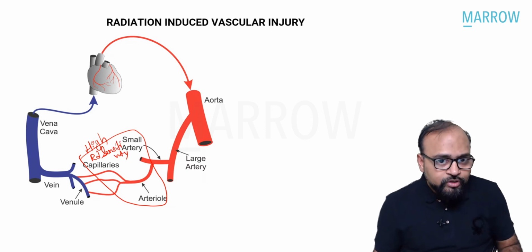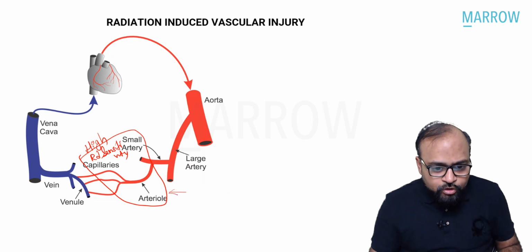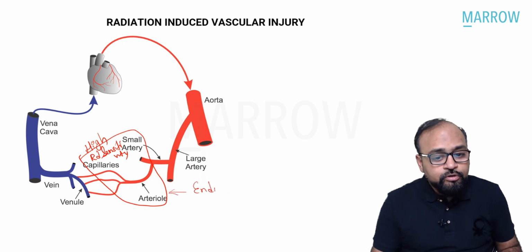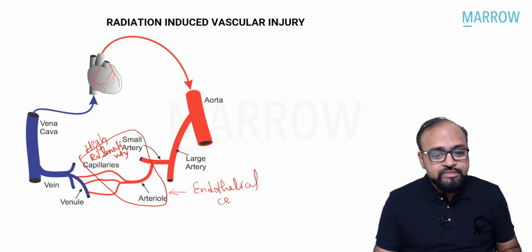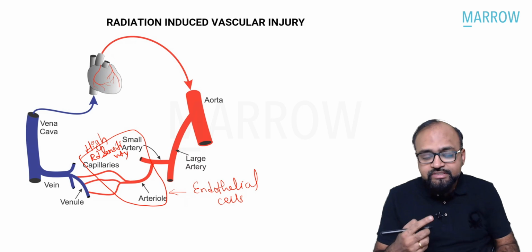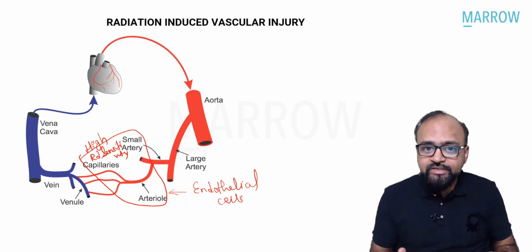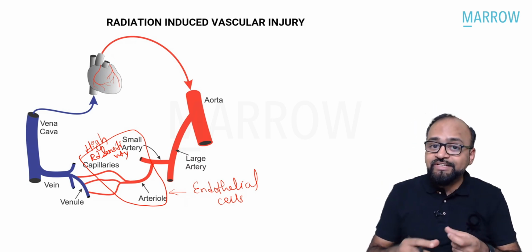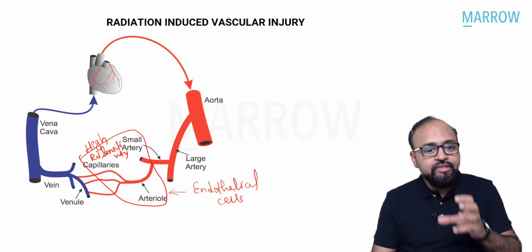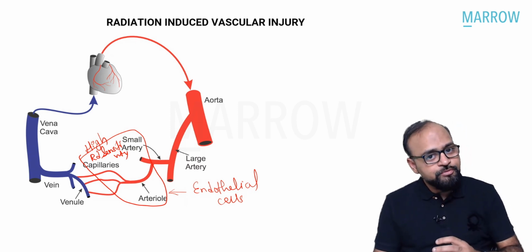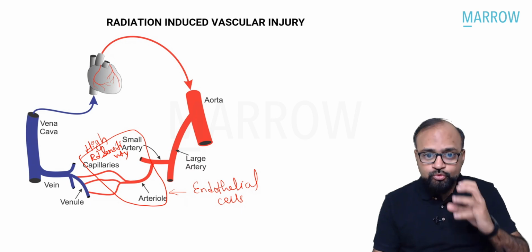Why so? It is because in these small vessels, a very important function is played by the endothelial cells. These are metabolically active cells. They are regulating the flow across the capillaries, and therefore these endothelial cells are very sensitive to radiation, right? And therefore it is capillaries, small arteries, small blood vessels, arterioles which are more sensitive.